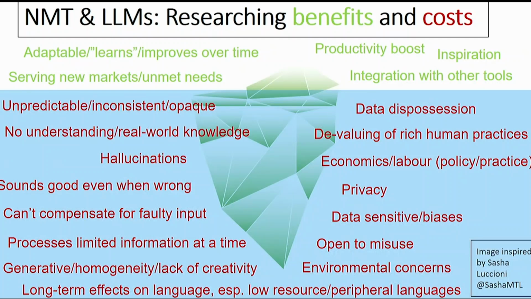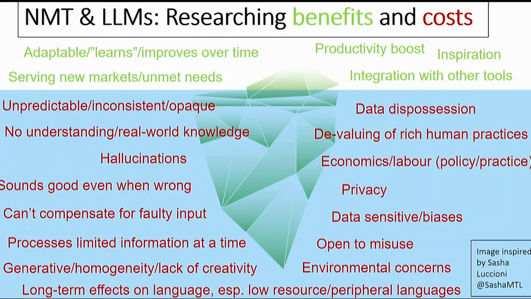And of course, all of these questions are tied somehow to questions of economics or labor. What are the practices and policies that are starting to emerge, and how do we as a community want to influence them? And as I said, sort of take back a little bit of control, take back a little bit of respect for the work that we do.